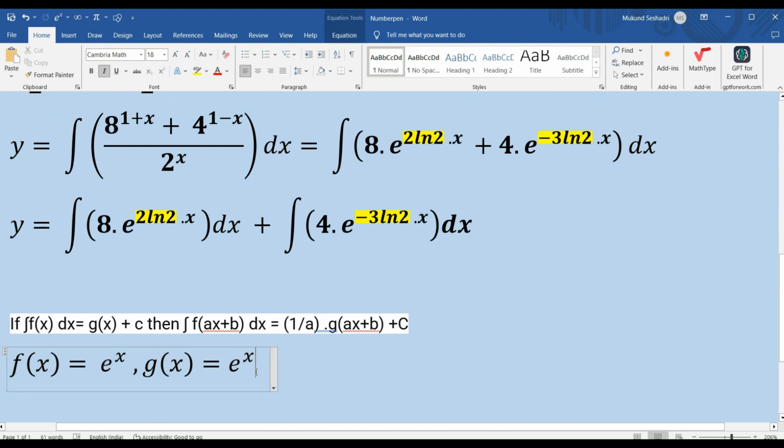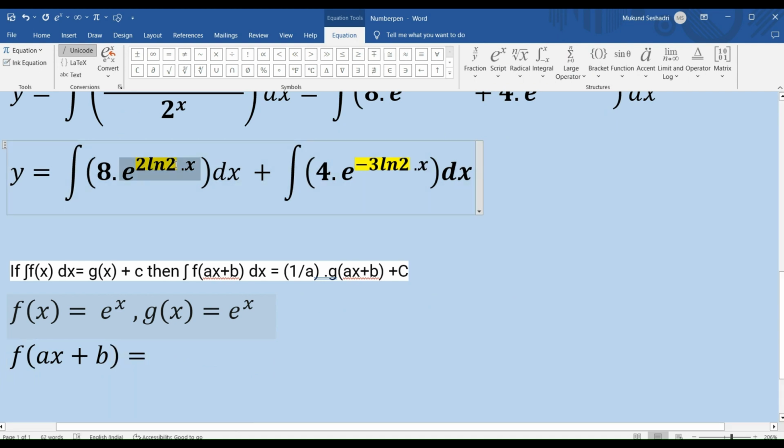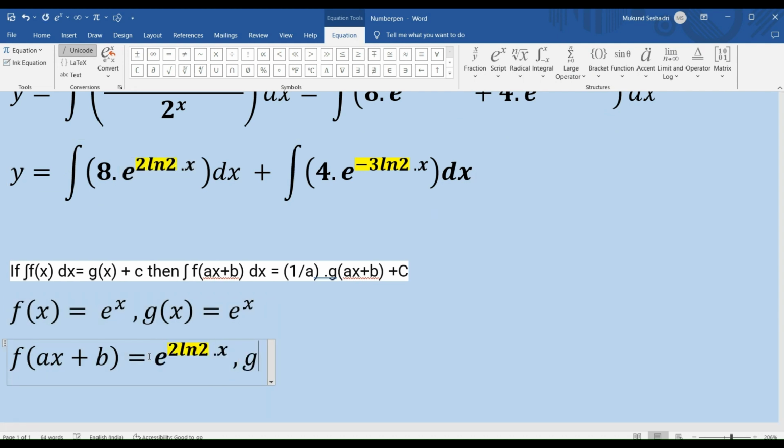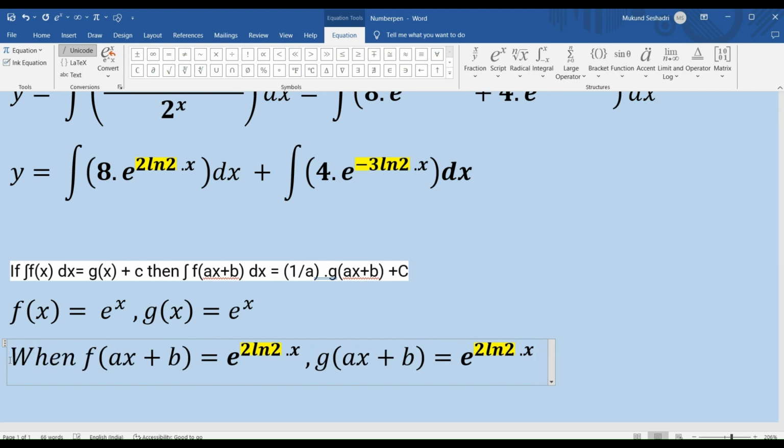In case 1, remember folks, we are now in the first expression, f of ax plus b is nothing but e to the power 2 ln 2x, right? So what is going to be my g of ax plus b? My g of ax plus b is nothing but the same expression, right? And similarly, when my f of ax plus b equals e to the power minus 3 ln 2x, right?